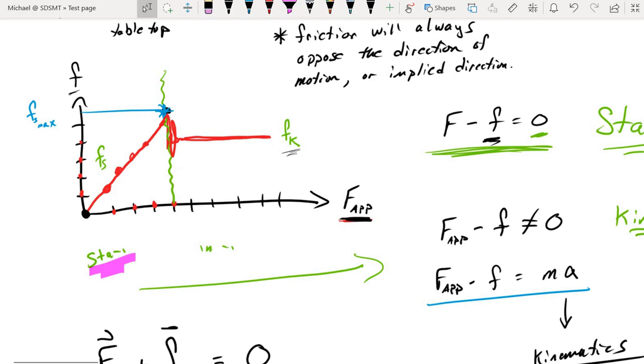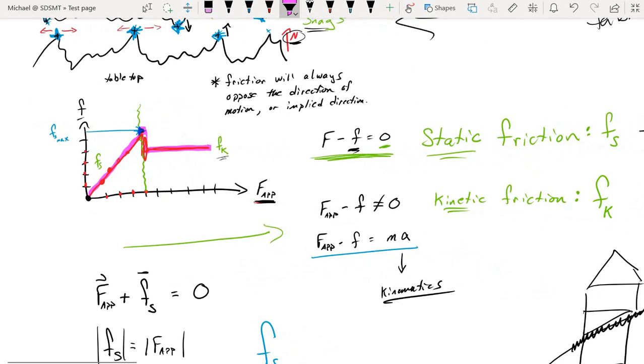And by looking at this graph, keep in mind that if you want to start moving an object, you first have to overcome all of the static friction, including the maximum static friction. Then you hit that breaking point and you drop down to a lower friction value for your kinetic friction.